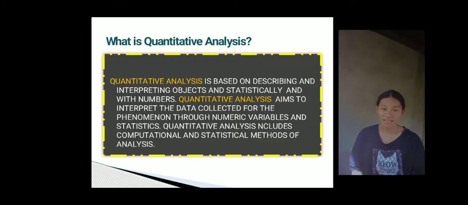Quantitative analysts represent a given reality in terms of numerical value, and also quantitative analysis is applied to measurement, performance evaluation of a financial instrument, and predicting real-world events such as changes in a country's gross domestic product.